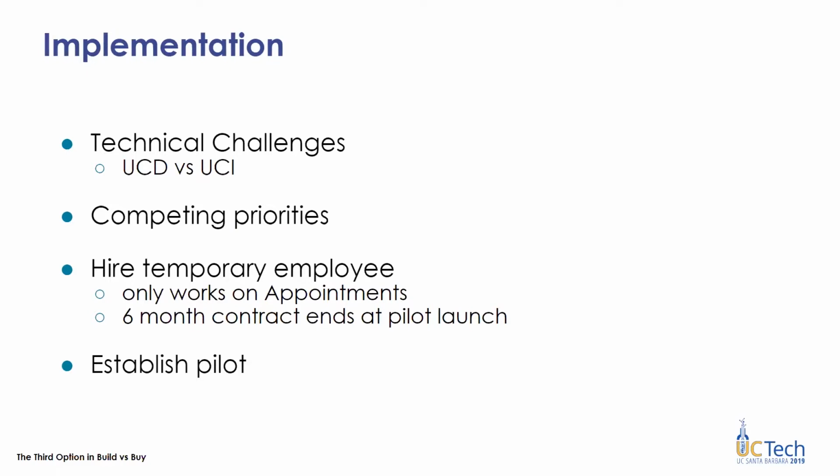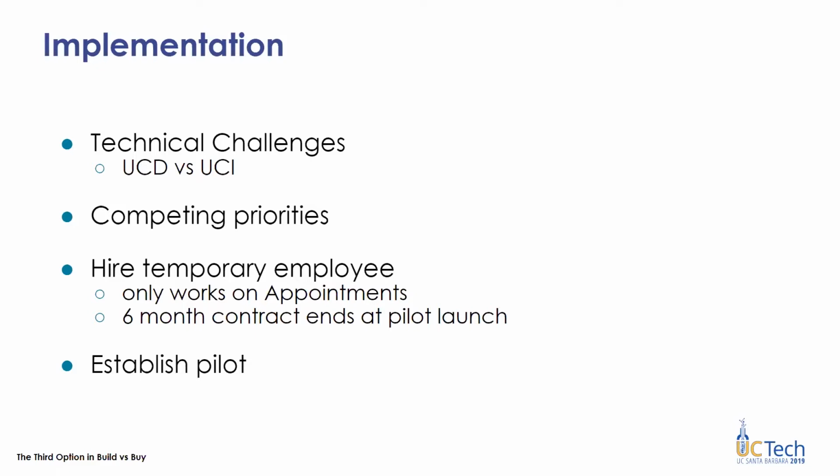So once the MOU was established, we began the implementation at our campus. First thing we ran into was some of the technical challenges of just how we're different at our campuses and how our data is organized, and how things work. And we still had other competing priorities. We weren't able to necessarily dedicate all the time that we needed to, again, on this system.